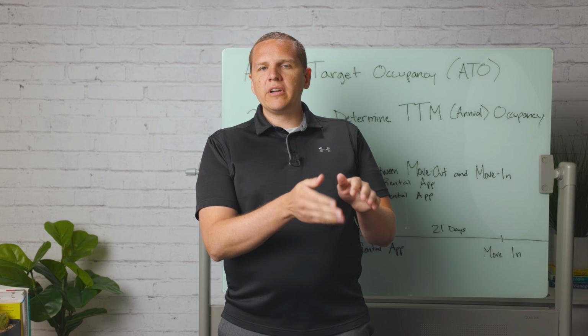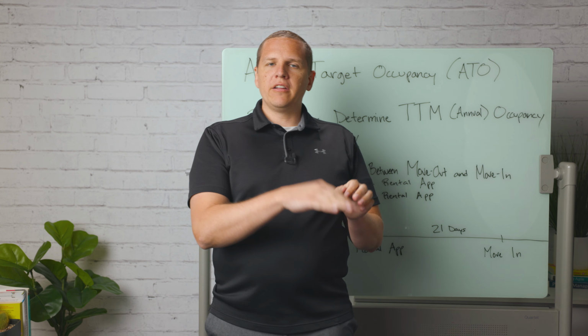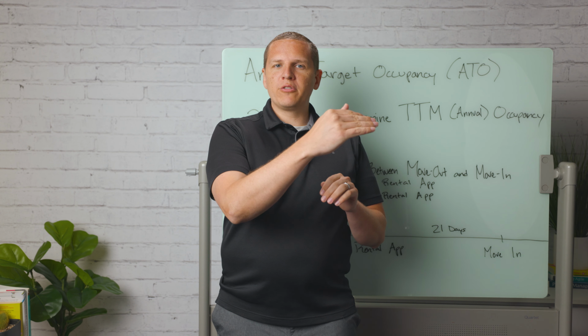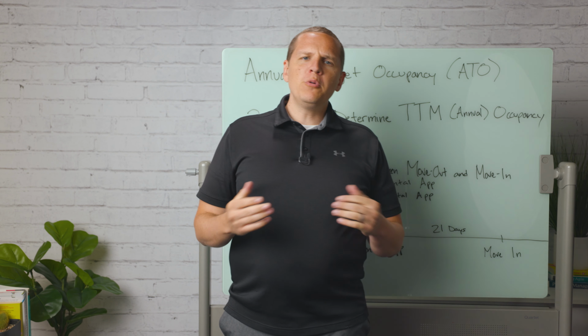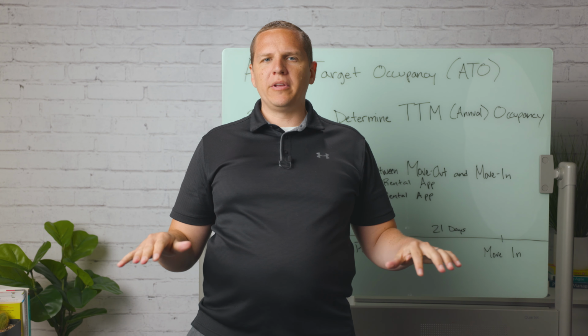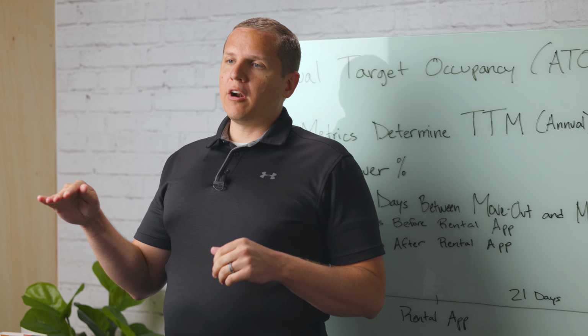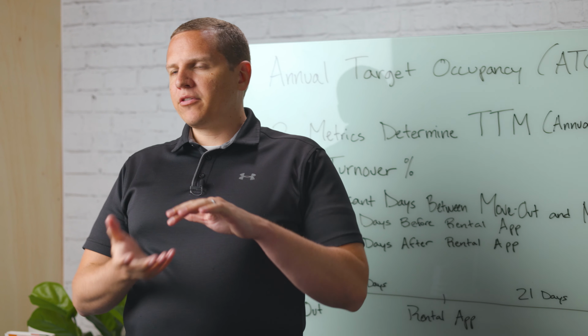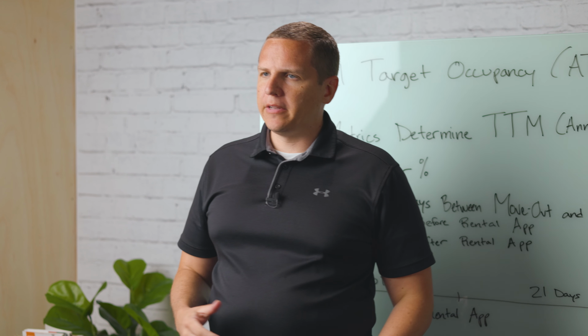If you're only willing to lower rents or increase digital ads when you're below target, but you're not willing to raise rents or cut your digital ad spend when you're above target, then you really have a minimum occupancy threshold, not an annual target occupancy. So we need to think about this in terms of a target, and that's why our minimum is set as what our actual historical occupancy has been.